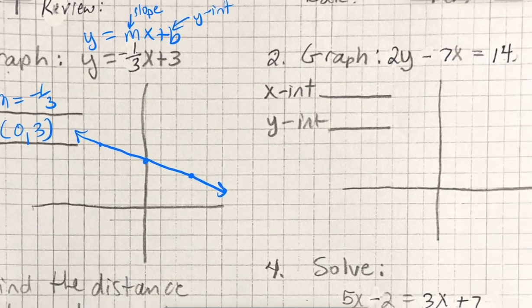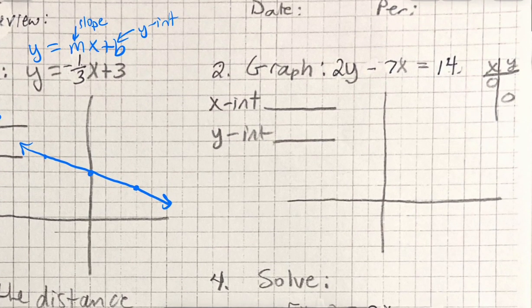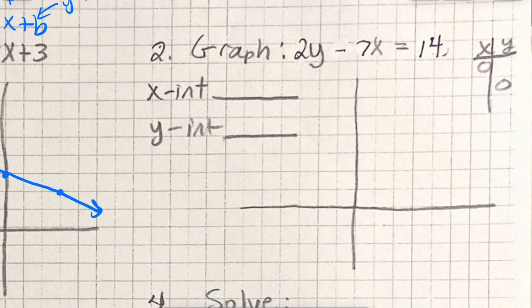Now, if we want to graph it in standard form, well, that's barely standard form. I don't know why I wrote the y first, but anyway, I suggest doing this little trick. I put that on there to remind you that that's a good tool to use, because it's going to give us the x and the y-intercept.